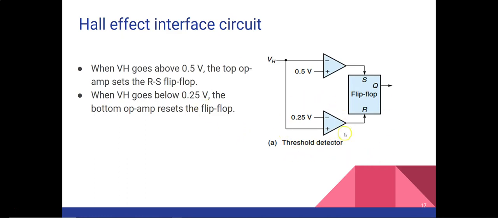For this circuit to work, you need to make sure that the magnet comes near enough to the sensor that VH goes above 0.5 volts, and far enough away for VH to drop below 0.25 volts.